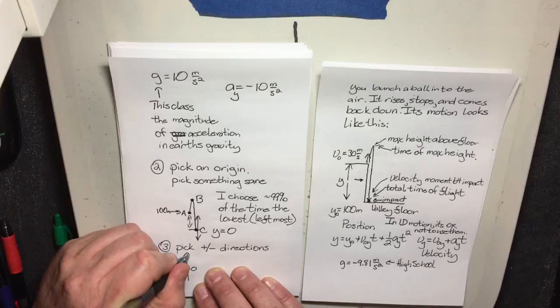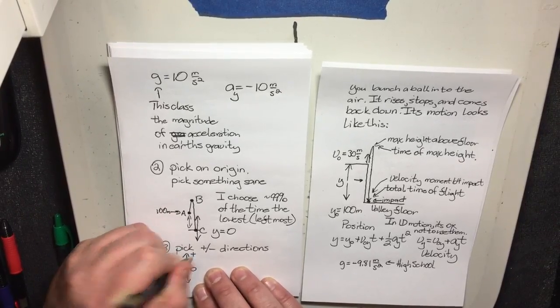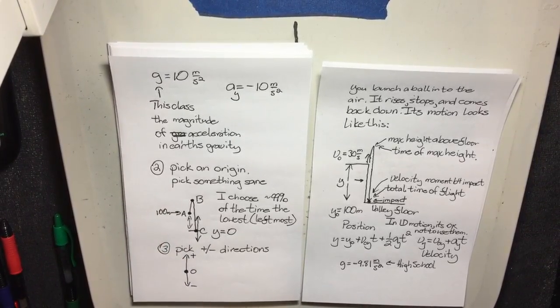It could be either. Because we're dealing with vertical motion, it is sensible to choose up as positive and down as negative. That's what we effectively did when we were picking our coordinates. When I said the valley floor is at 0 meters, what's the coordinate at the top of the cliff? When you said 100, that implied that your coordinate system said up was positive and down was negative.